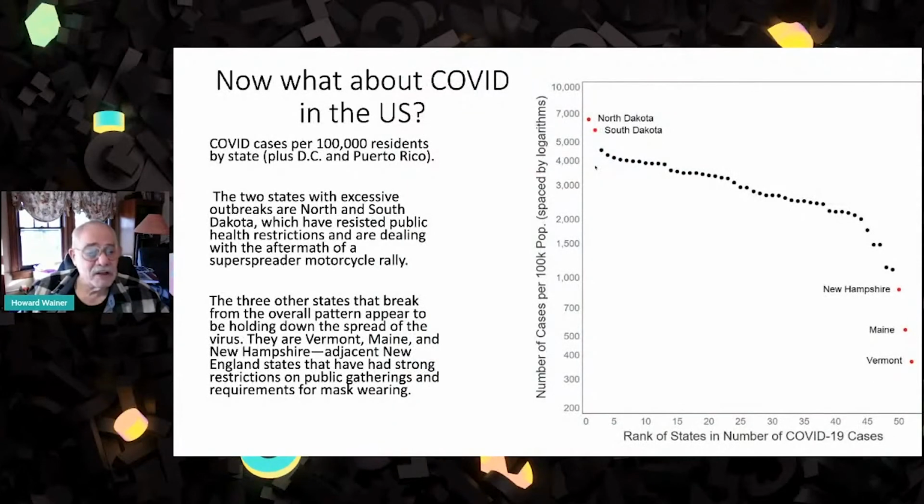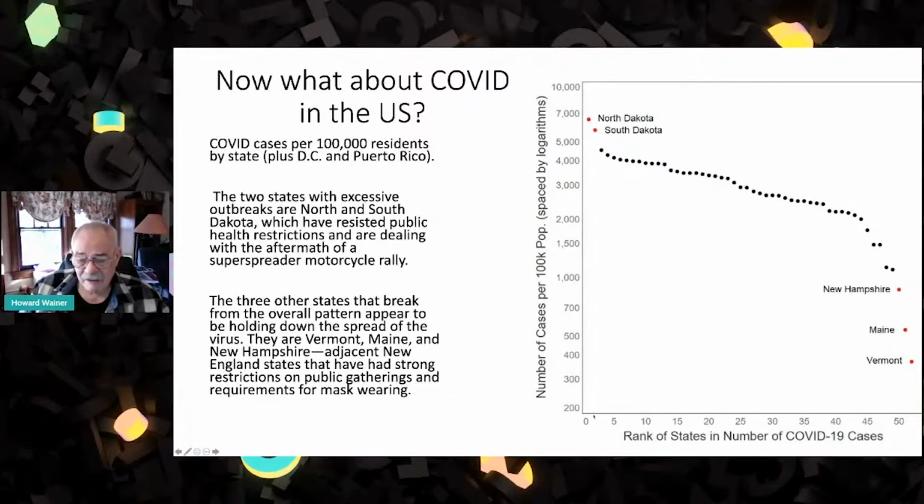So what about COVID within the United States? Here what we have are the number of cases per 100,000 in the population. They're spaced by logs, so it's still a log of the number of cases, and it's the rank of the state.